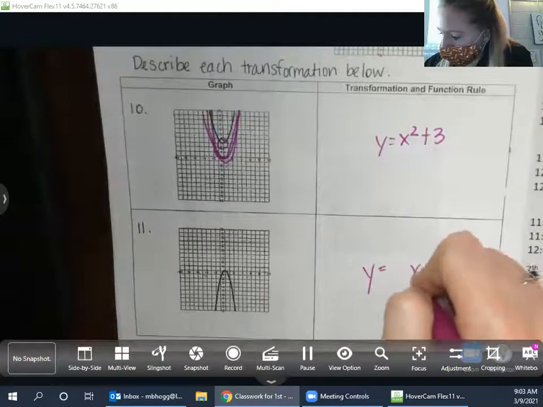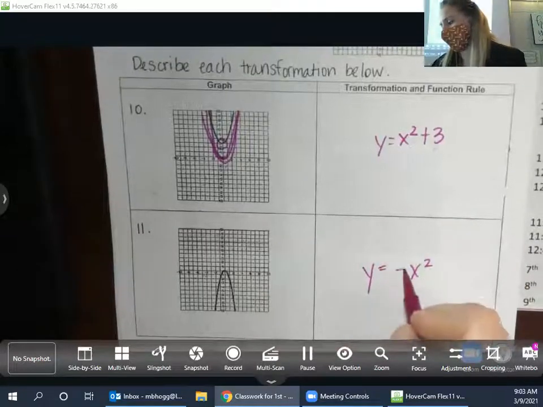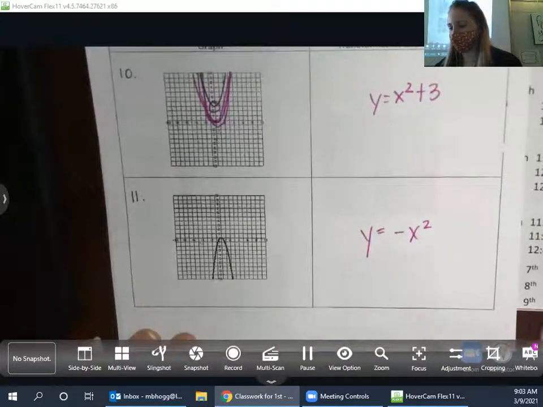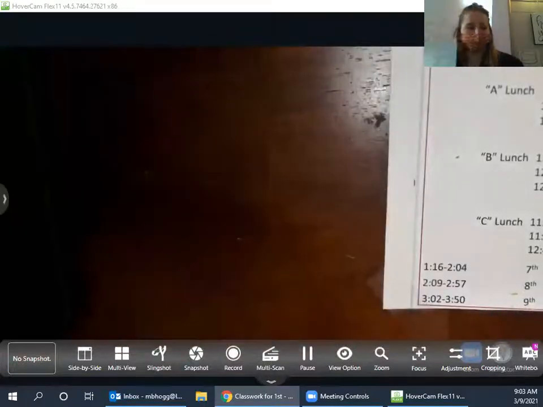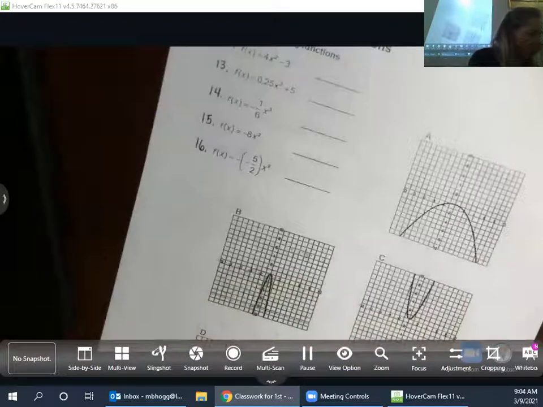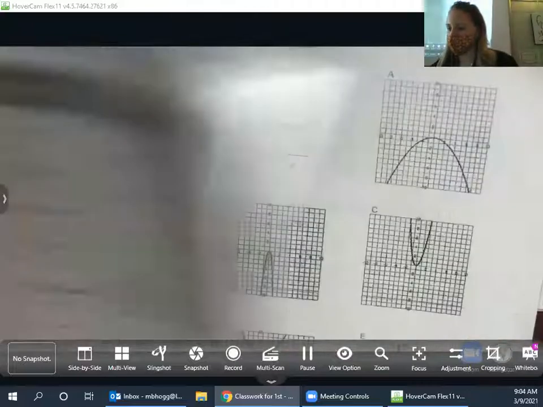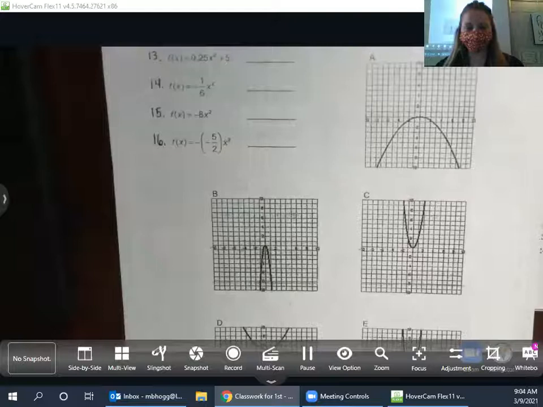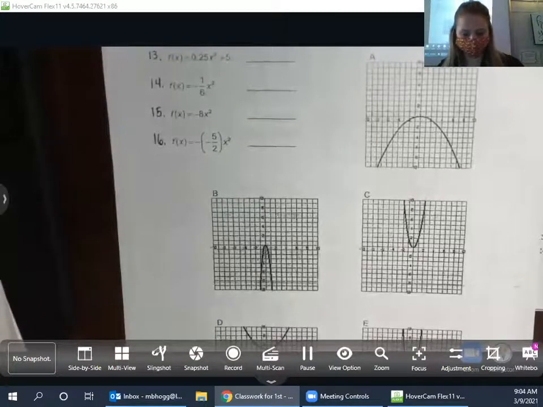What happened to the x squared? No, what negative? Good. Again, this is using that cheat sheet from the back of the notes. If you need to, you can. This right here. Yes, we can. I'll let you use your notes on the test.